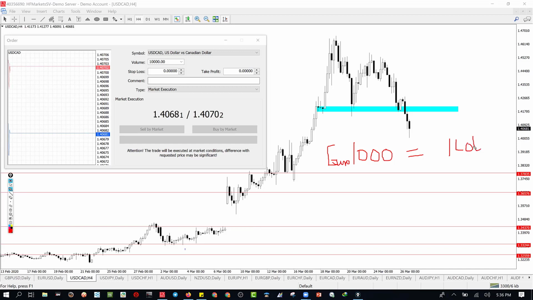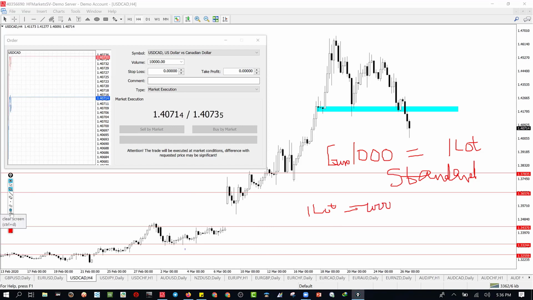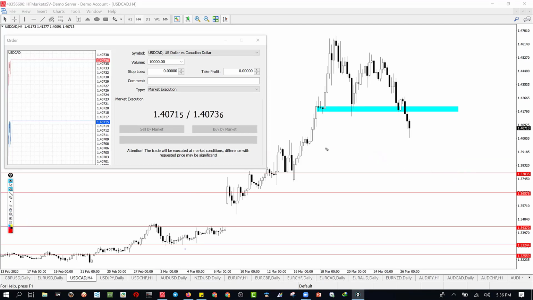If you open an account with a brokerage firm where one standard lot is 1,000, then if you are executing a trade on that account and you click to open one lot, I'm going to show you an example right here.